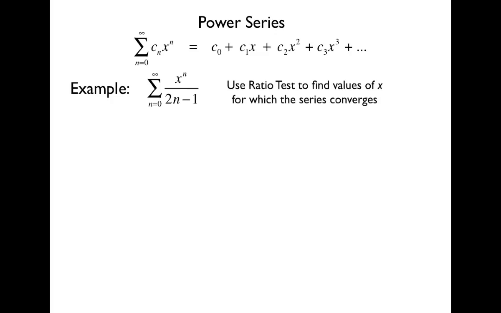So in order to find for what values the series converges, we're going to use the ratio test. And just keep x as it is. We're going to keep x as it is through the whole process. And then once we get to the limit, then we can evaluate the limit and analyze what's going on with x. So why don't you practice this?